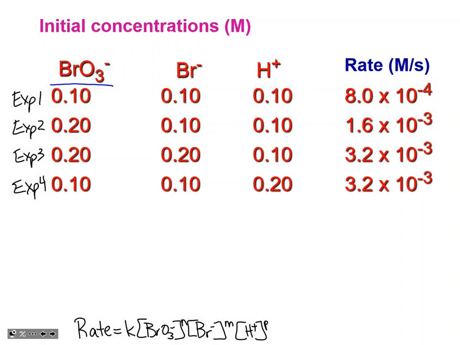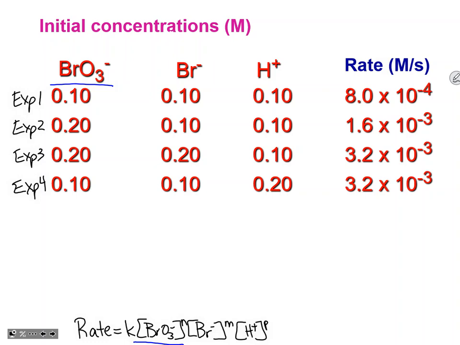When you're deciding, we're going to figure them out individually. So we're going to start here with the first reactant, the bromate. We're using the blue there. Now what you need to look at is in the experiments. You want to look at the experiments and find 2 experiments where bromate is the only concentration that's changing. You want bromide and hydrogen's concentrations to remain the same.